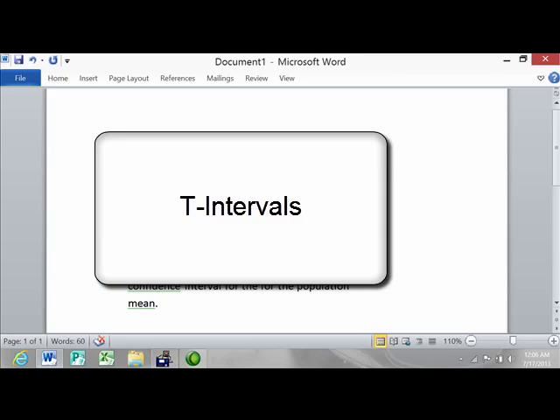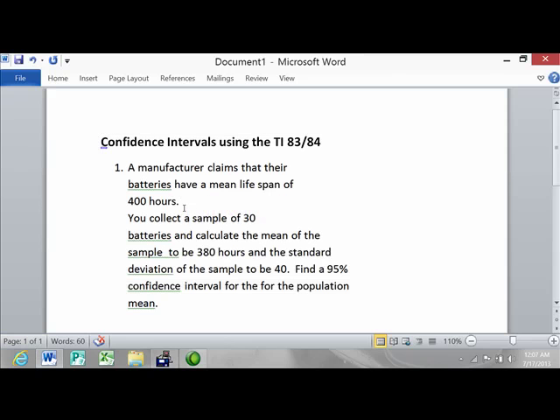Okay, now we're looking at a manufacturer claims that their batteries have a mean lifespan of 400. You collect a sample of 30 batteries and calculate the mean of the sample to be 380 hours. In addition, the standard deviation of the sample is 40. So we're no longer talking about a population standard deviation. We have a sample standard deviation of 40.